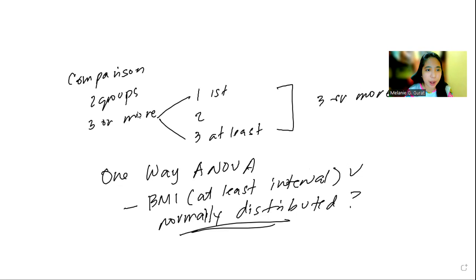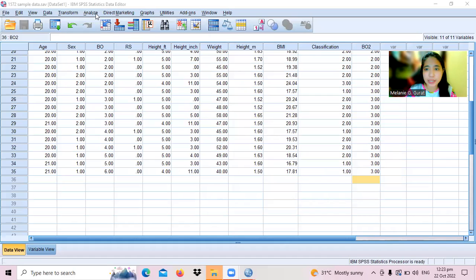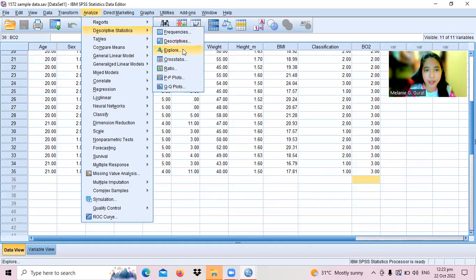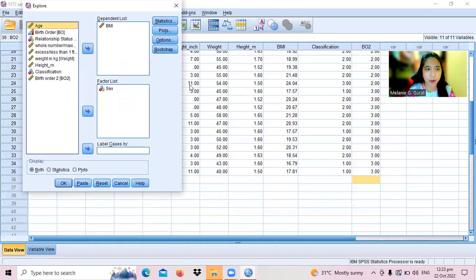Okay, let's go back here. To check, click Analyze, Descriptive Statistics, and Explore. Of course, let's reset this first. So BMI, and remember that we will be using the second birth order variable.